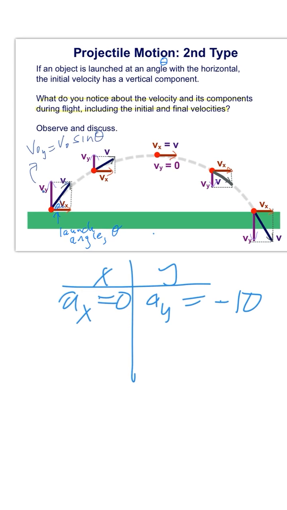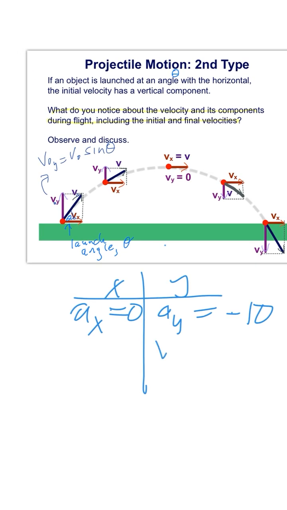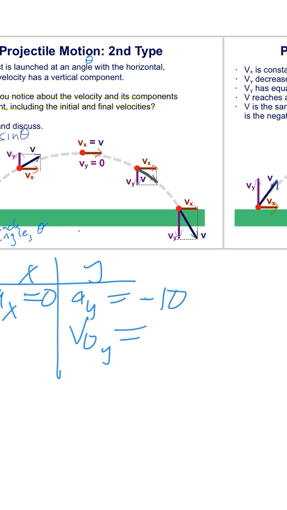Now, VOY is not going to be equal to 0. VOY is always going to be VO sine of the launch angle.